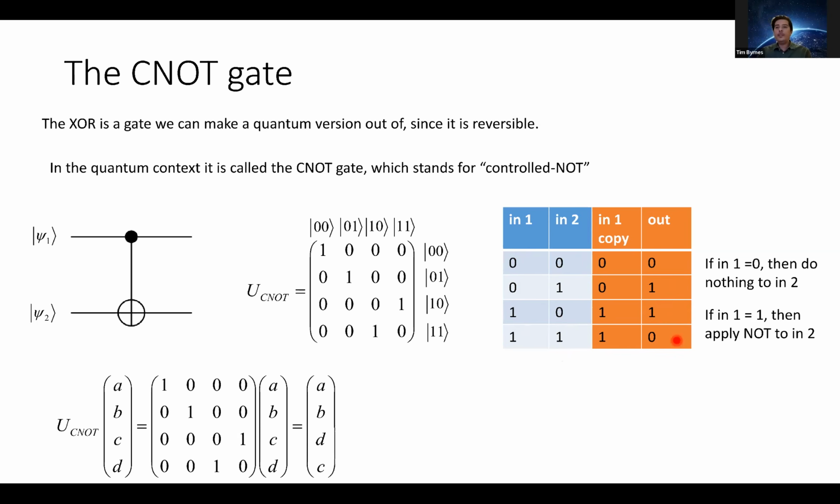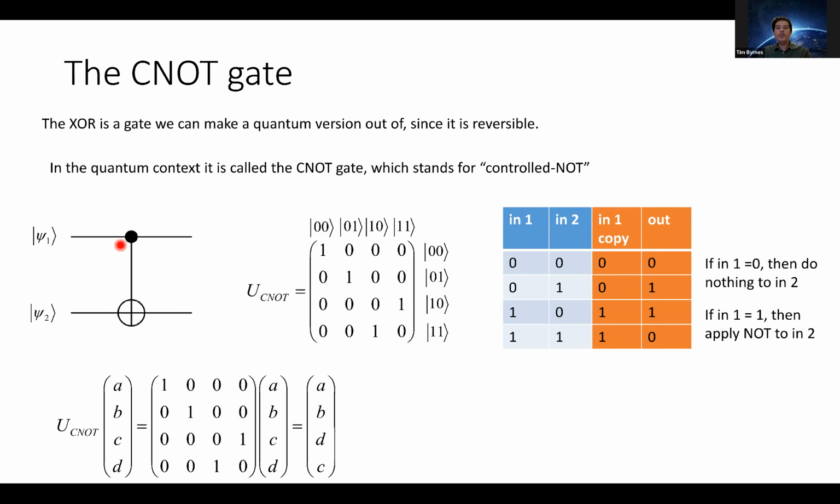And if you write this as a matrix, it looks like this. It's block diagonal. The first block has a 2x2 identity, and the second block has this X gate, which is a flipping gate. So it flips the second spin. And the symbol for this looks like this.